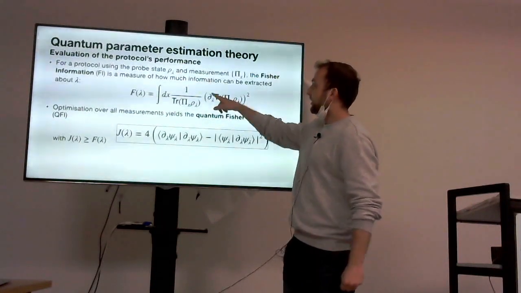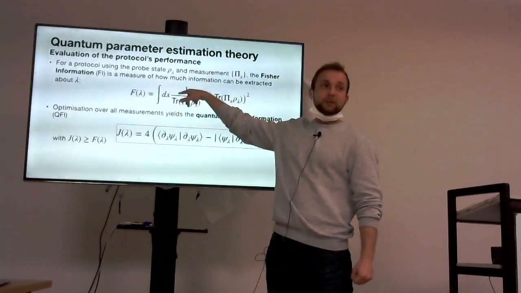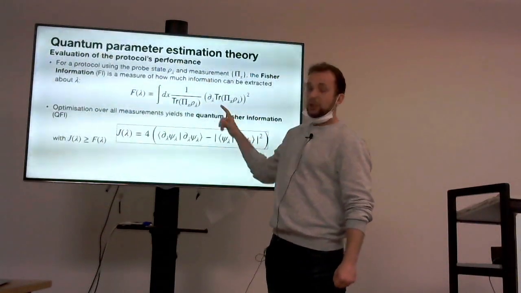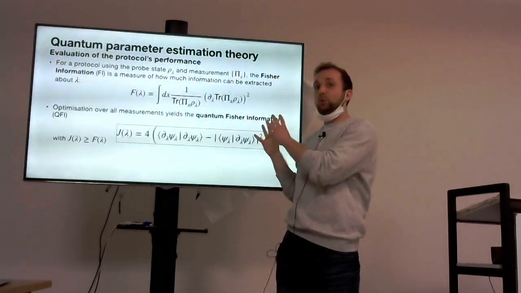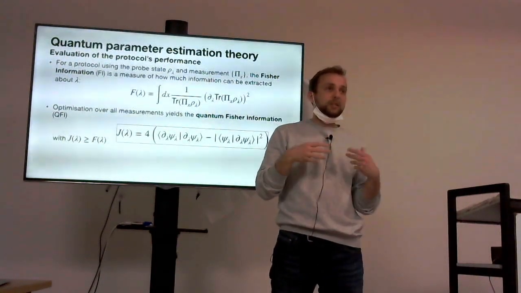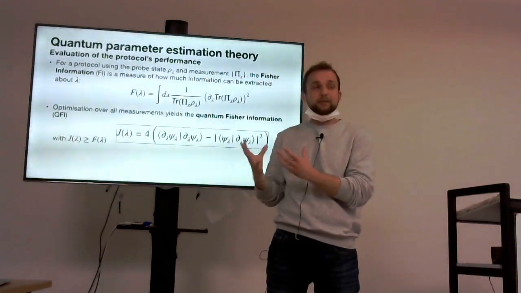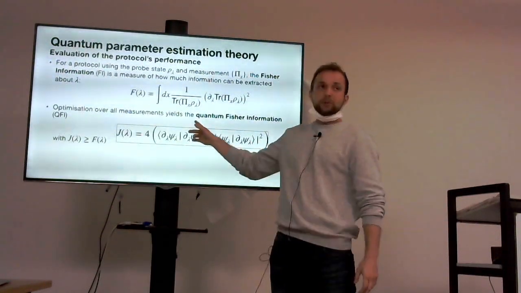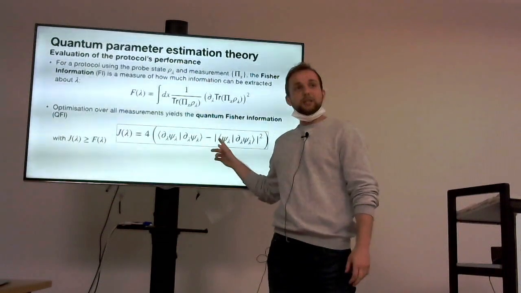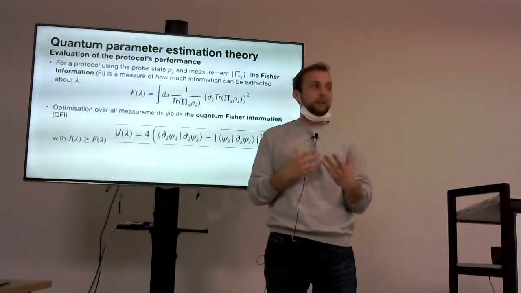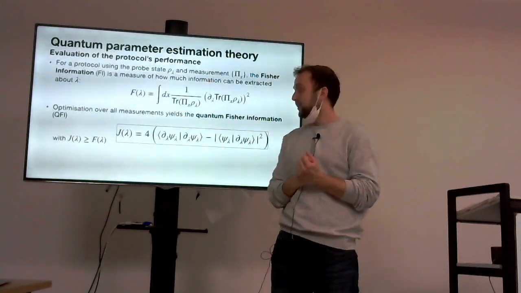And if we maximize the Fisher information over all the possible measurements, then we get the quantum Fisher information, which is the ultimate precision limit. We are interested in this ultimate precision limit first to see what we can achieve in the best case scenario.